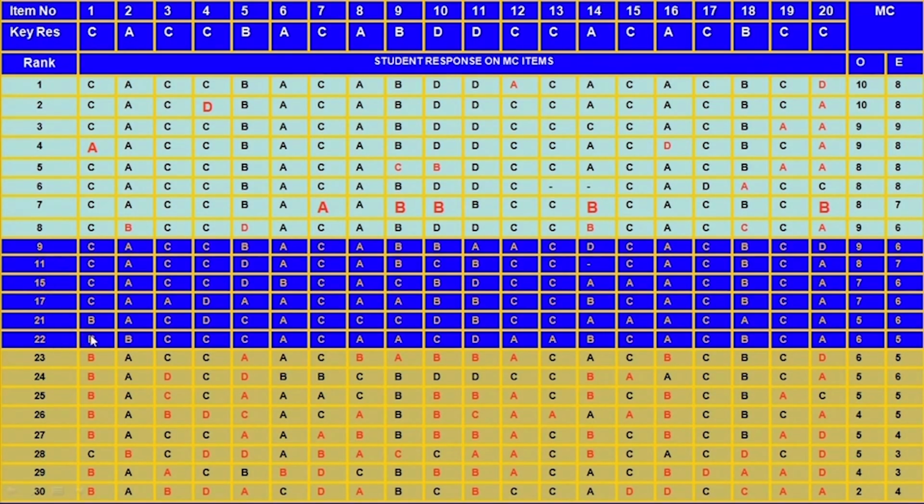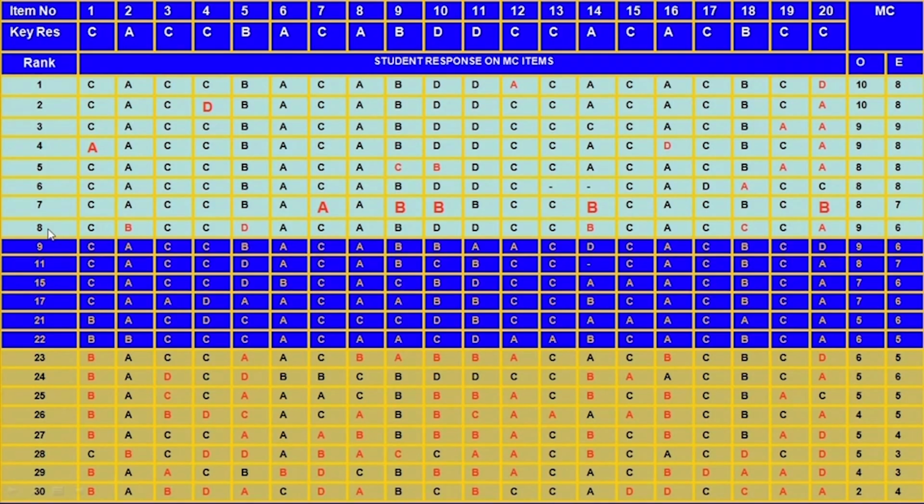The upper 27% we make one group, which we call the upper group. Upper 27% of 30 is approximately 8, so the top 8 students are the upper group. If you ask why 27%, it is for a statistical reason, which we would not get into for now.